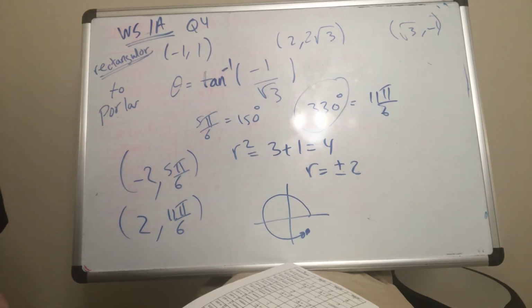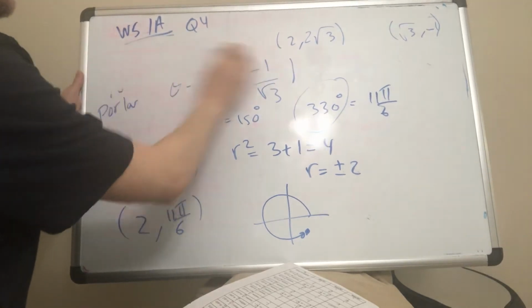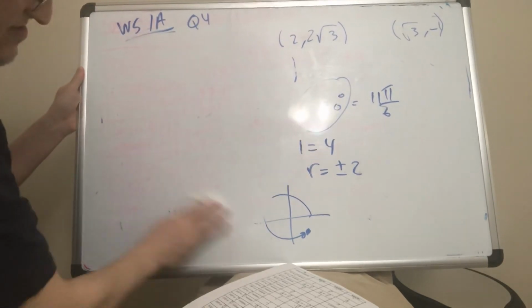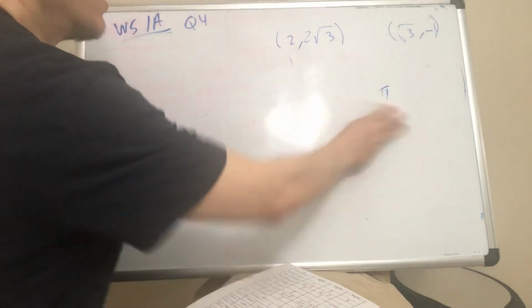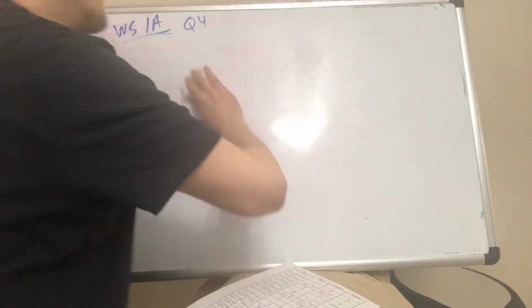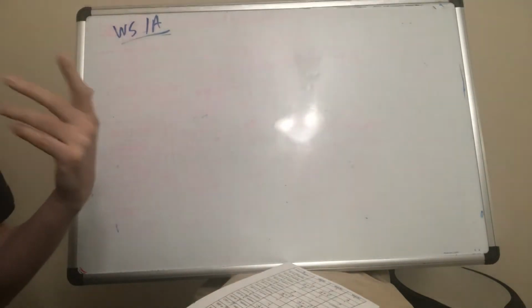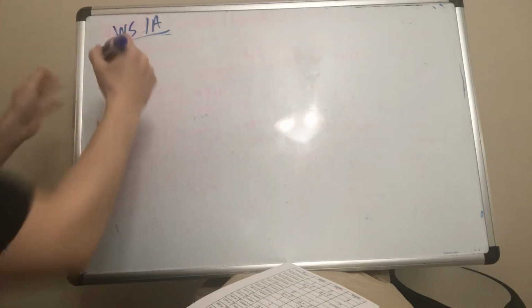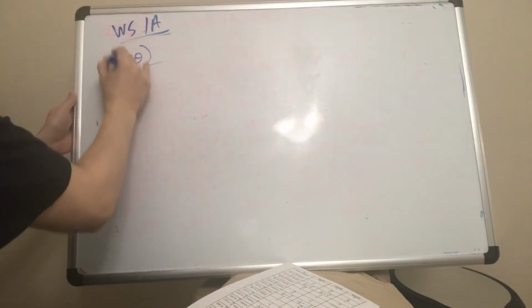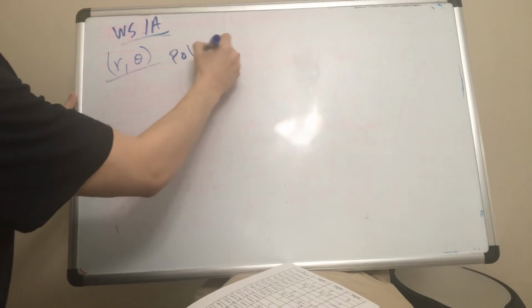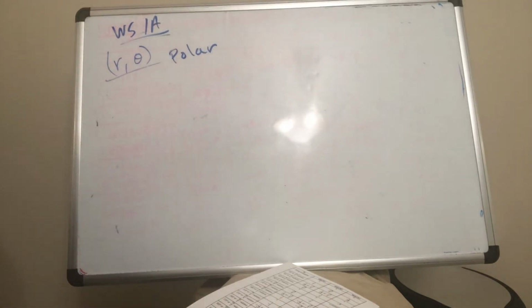Now, the second question here is the reverse, where you have the point in a different way. They give you the r, theta, they give you in the polar system, they want it in x, y.